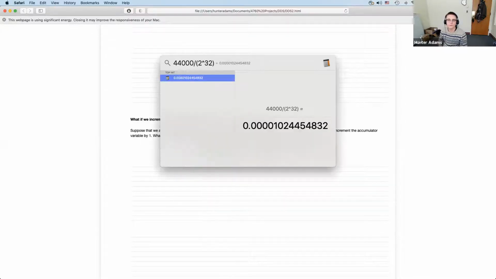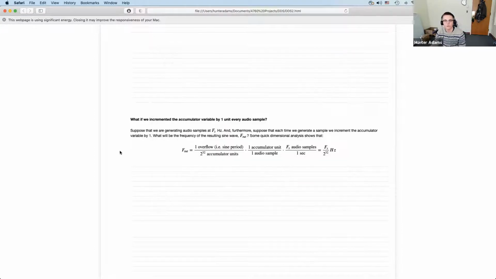That's a pretty low frequency, on the order of 10 to the minus 5 hertz. In lab 1, we're producing sine waves of 2,000 to 7,000 hertz, right? But okay, if you were to increment that accumulator variable by exactly 1 unit every time you enter the interrupt service routine, you would produce an output sine wave with this frequency.